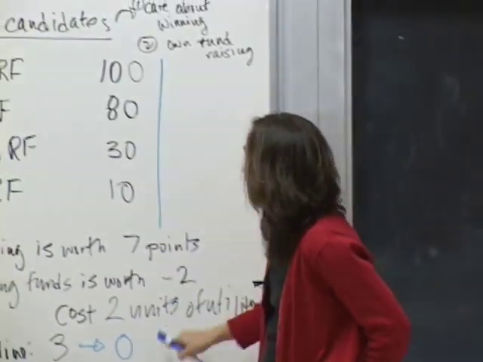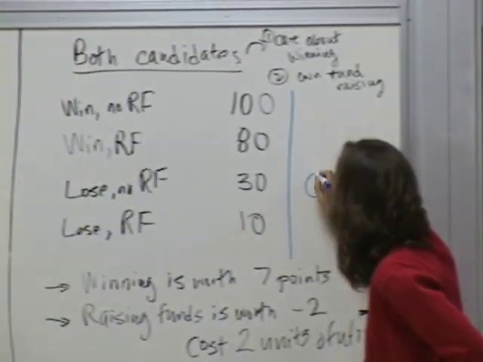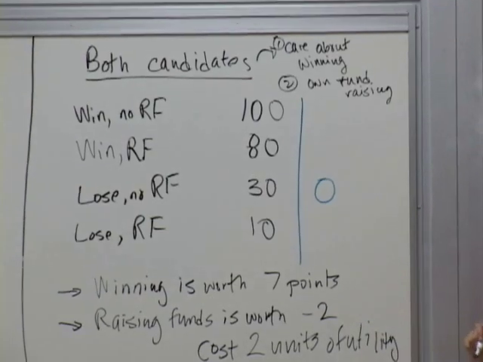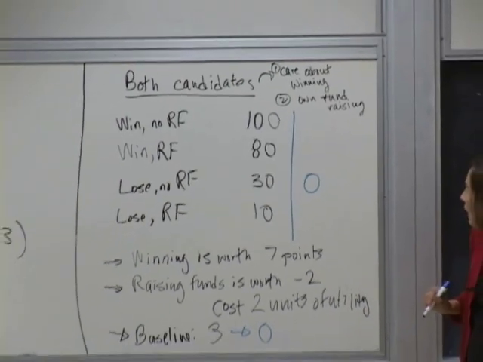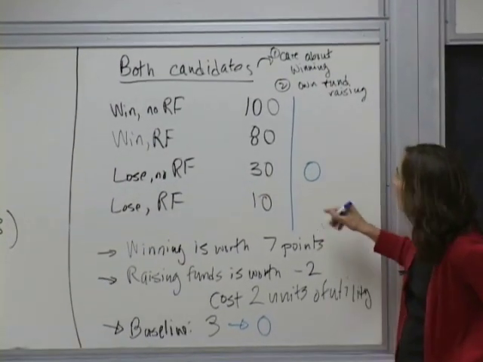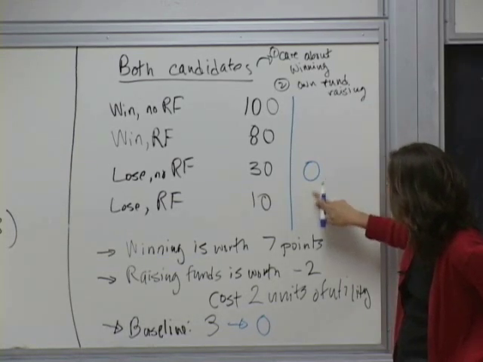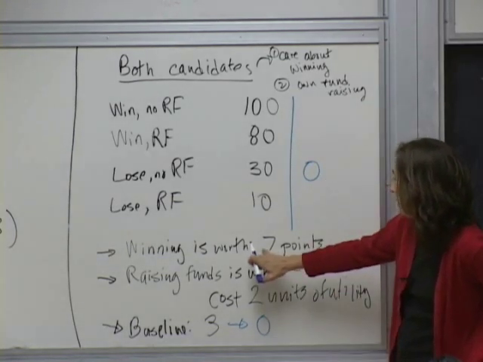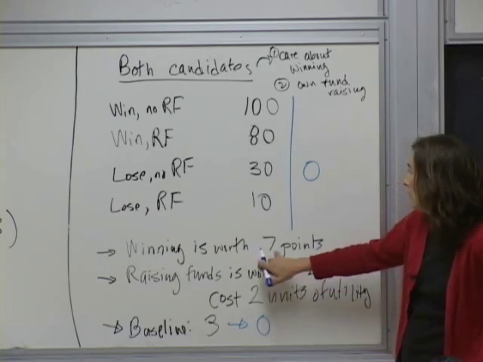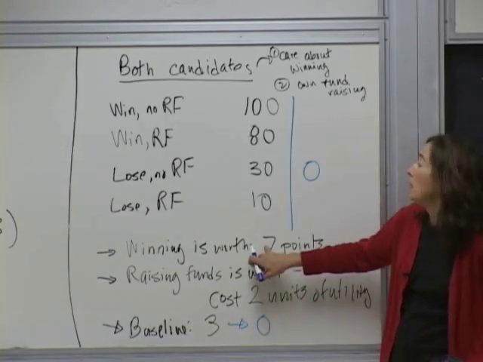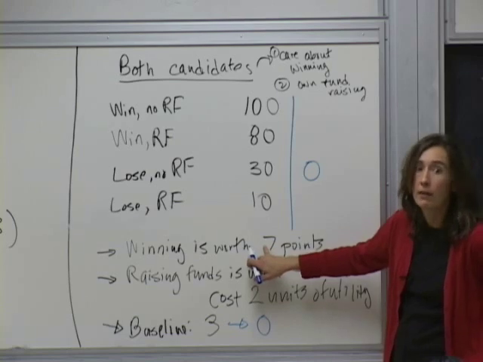My baseline here is 0 now. Going from that baseline, if I win and I don't raise funds, what's that going to give me for a payoff? 7, okay?